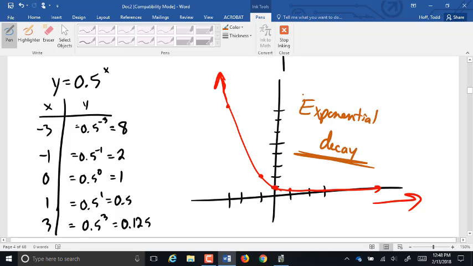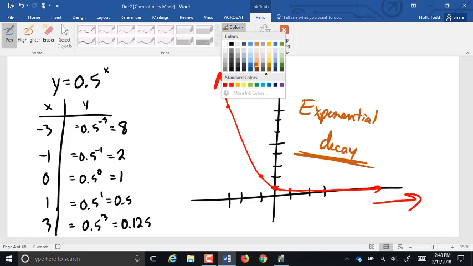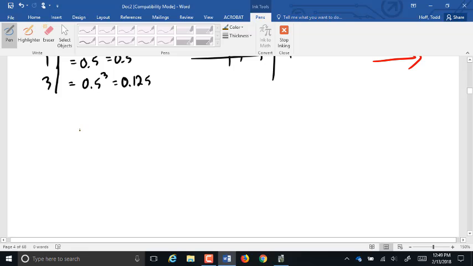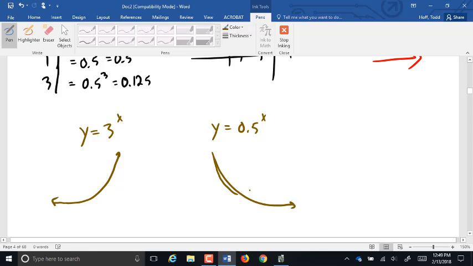If you look at these equations, though, both of them were of the form y equals b to the power of x. So what made one of them do growth and one of them do decay? Y equals 3 to the x was growth. Y equals 0.5 to the x was decay.